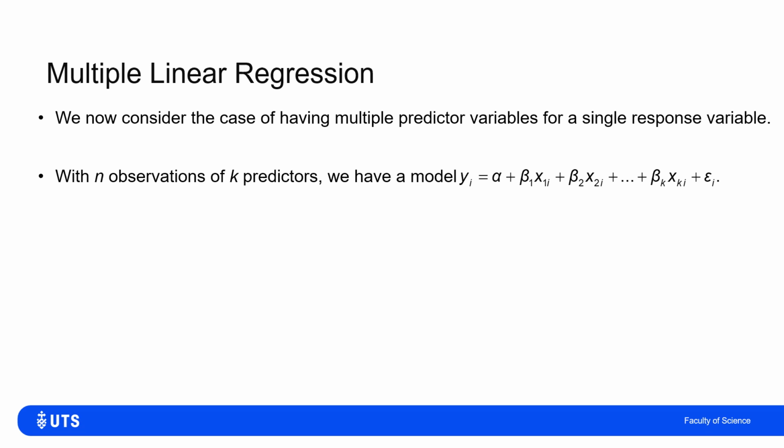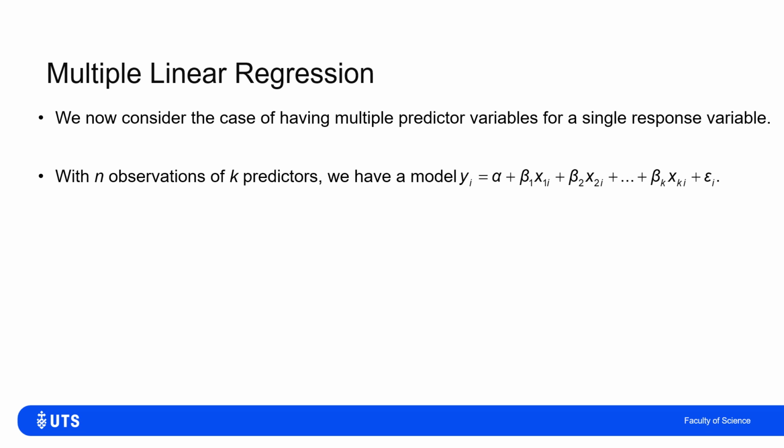So the model looks similar, a simple straight line model, but where I've got more predictors, it's a little bit messier notationally, because if I've got n observations of k predictors, I need two subscripts on the x's to state which observation number is it of which predictor.